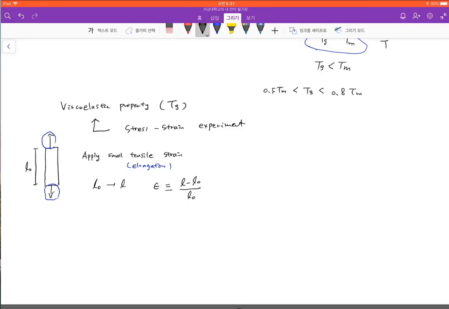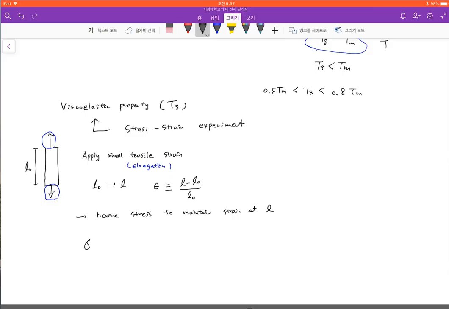Okay, this is the definition of the strain. As you apply small tensile strain, you measure stress to maintain strain at L. This is a simple stress-strain experiment. Stress is denoted as sigma.